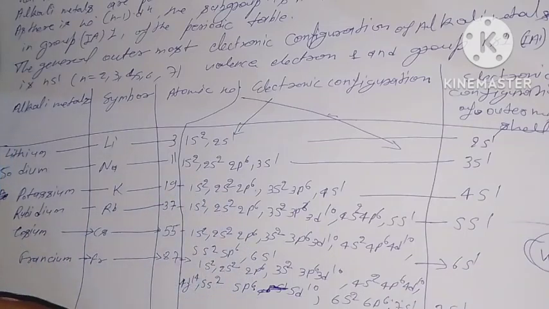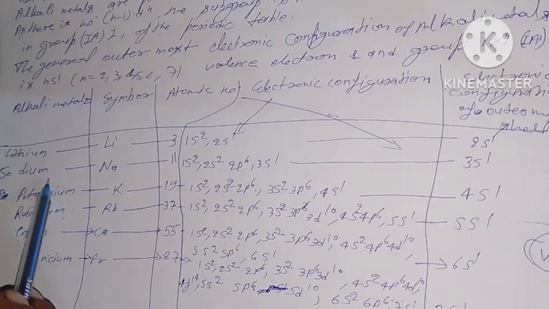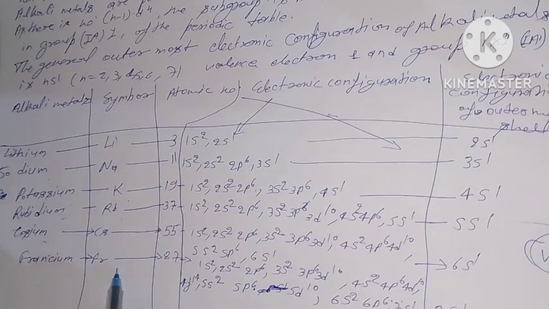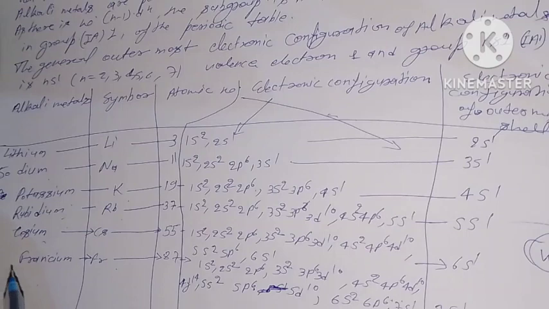The alkali metals are lithium, sodium, potassium, rubidium, cesium, and francium. The atomic number of lithium is 3, sodium is 11, potassium is 19, rubidium is 37, cesium is 55, and francium is 87.